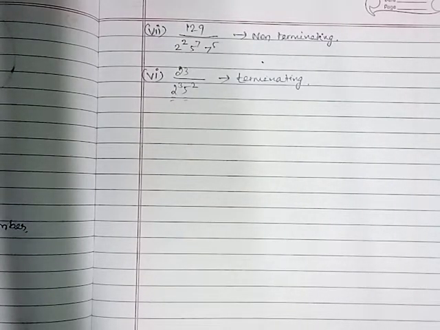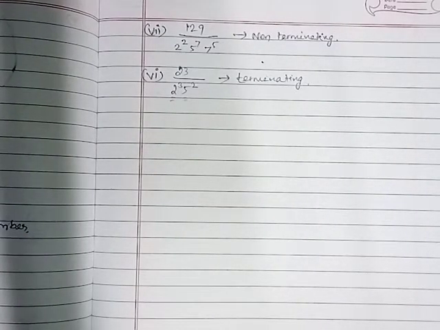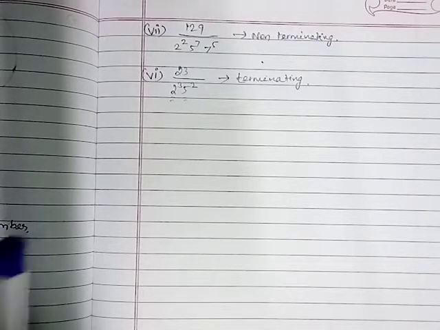Why is it terminating for 2 and 5, not for 7? Because 2 and 5, both numbers divide so that the digits end up with 0, right? That's the reason these are terminating factors. You just give a try for the other sums, right? Okay.